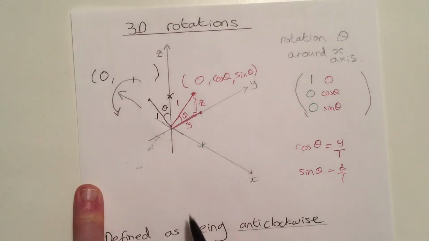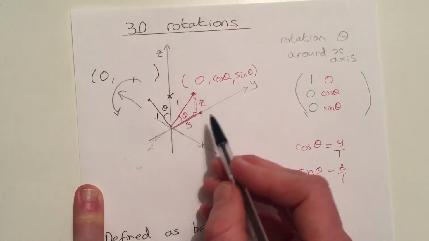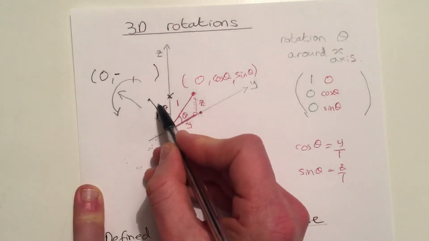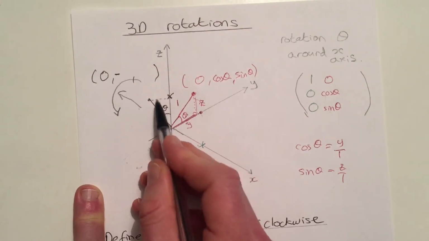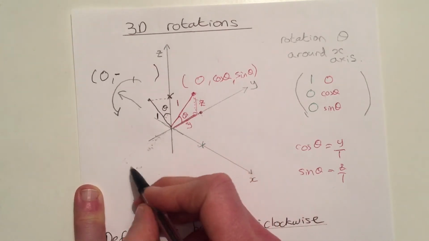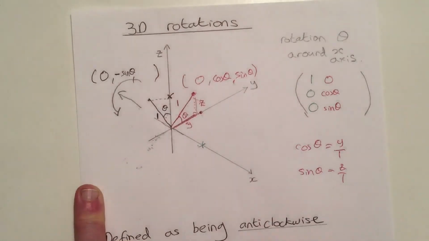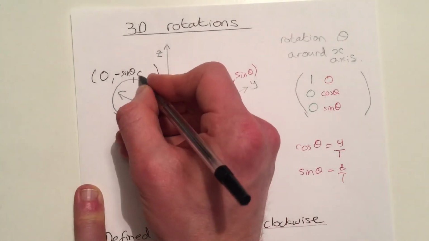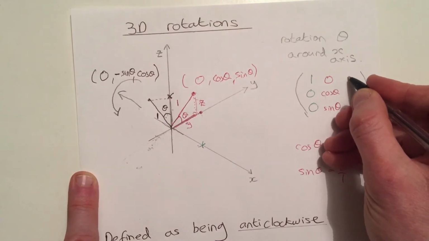The y-coordinate, now I notice that I'm actually in the negative part of the y axis now, so I know that this is going to have to be negative here, and I know that that's going to be the opposite side of this right angle triangle, and we know the opposite comes from the sine, so that's going to be minus sine theta. The z coordinate here, that's going to come from the adjacent, so that is cos theta. So that is our third column here.